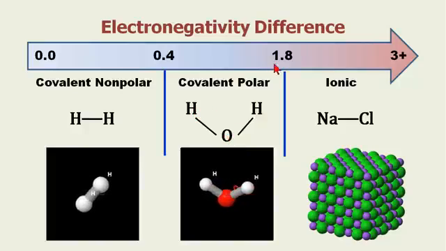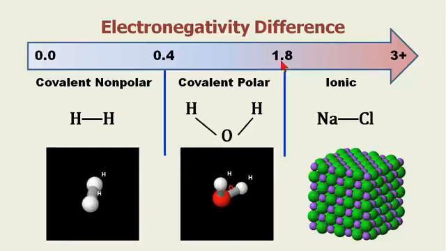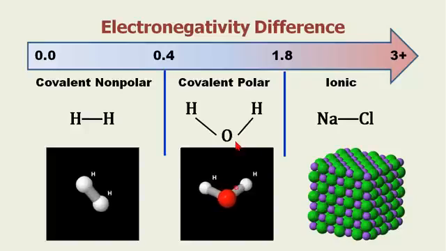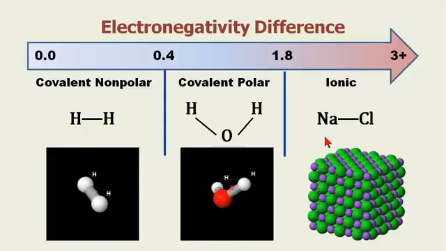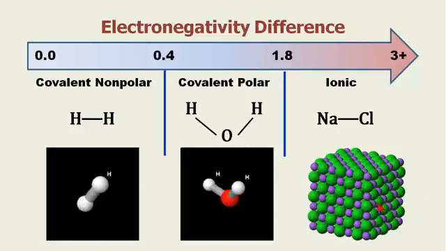And when we start getting a difference somewhere between 1.8 to 3, the electrons move all the way across, and it's no longer considered shared, but it's considered a case where it's transferred from the sodium to the chlorine, and we represent that like this little figure here.